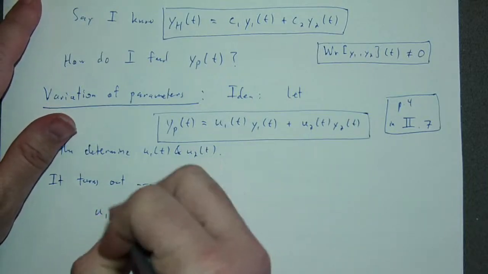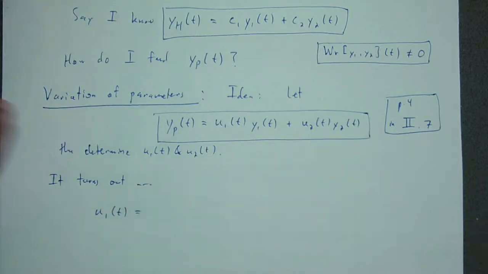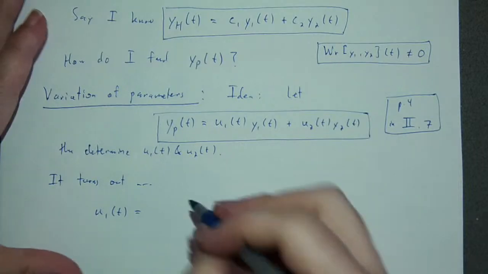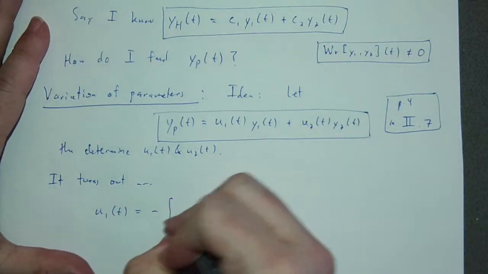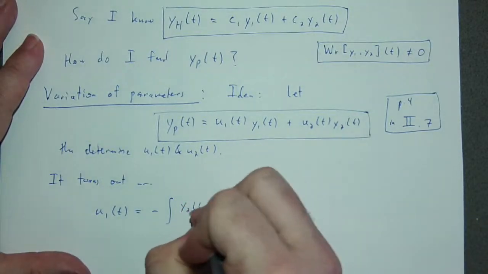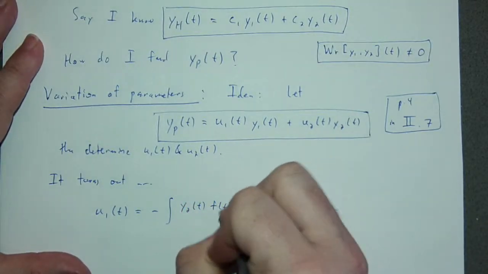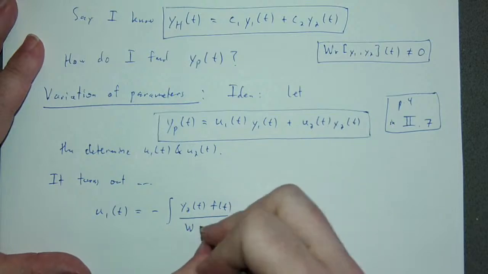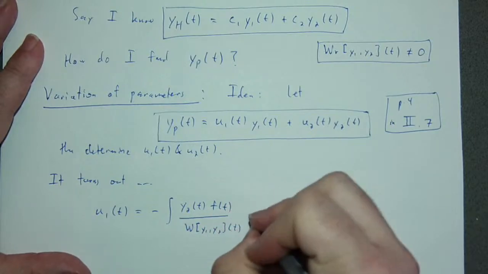And if I do that, u1 of t is what? u1 of t is minus the integral of y2 of t, f of t, over the Wronskian of y1, y2 of t, dt.